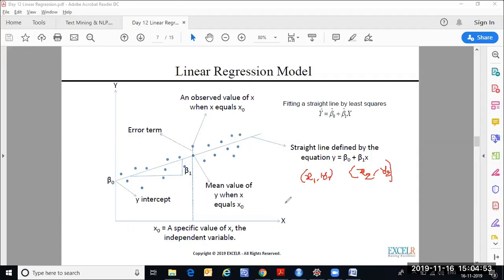What is the formula, friends? Distance d equal to... yes, anybody remember? Pythagoras theorem. What is the formula? Under root y2 square minus y1 square. Oh, that is the slope, right? But here we are talking about the distance.